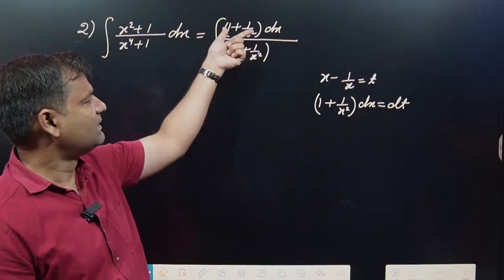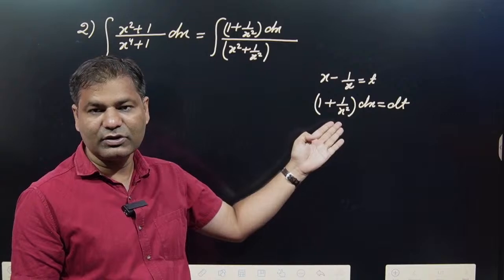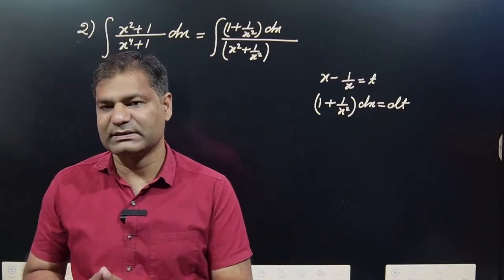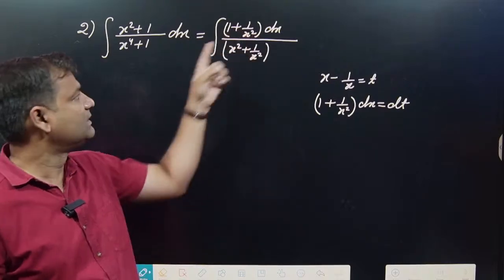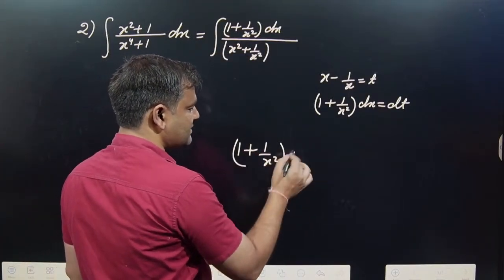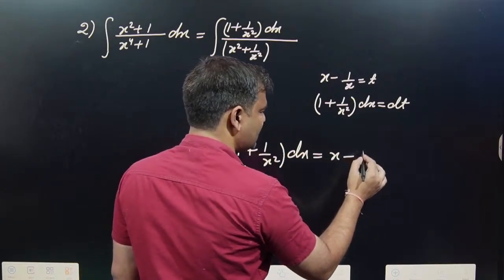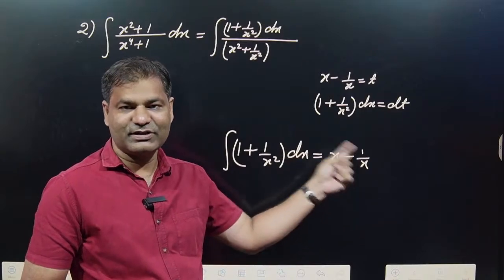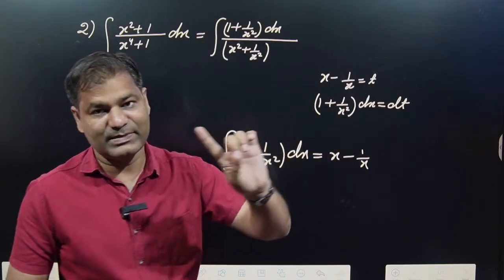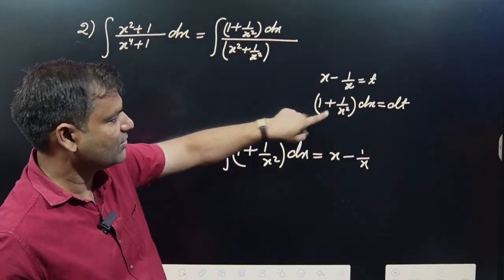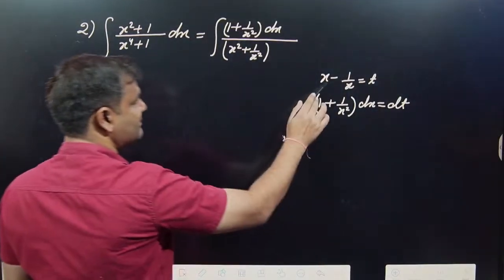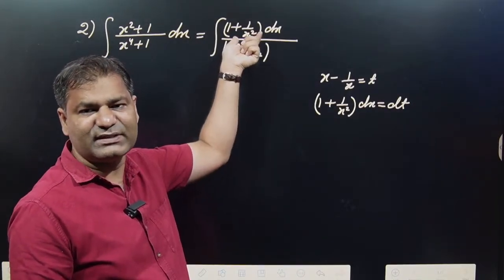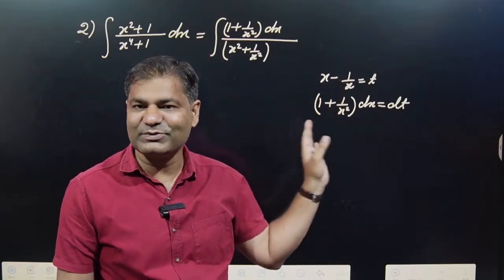If you feel confusion about which part to take as t, whether x minus 1 upon x or x plus 1 upon x, it is decided by that part. If you integrate 1 plus 1 upon x square dx, we get x minus 1 upon x, so this part is taken as t. Clear?